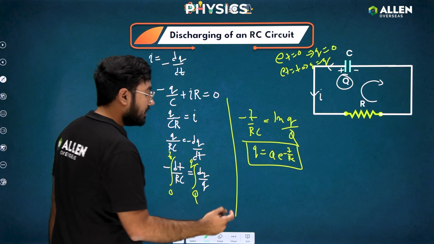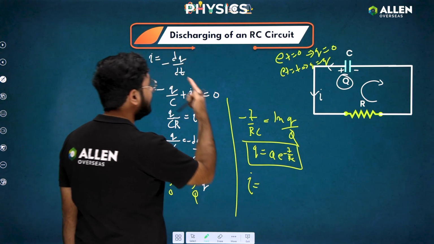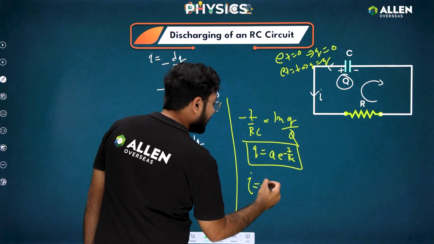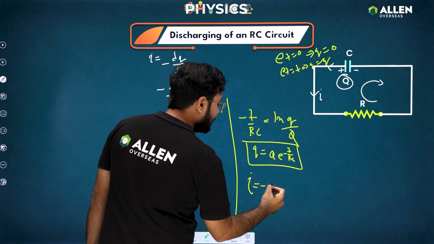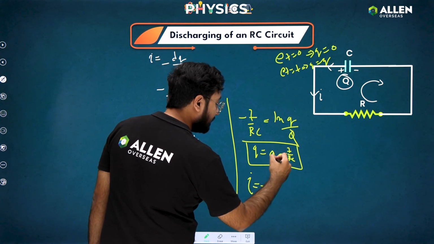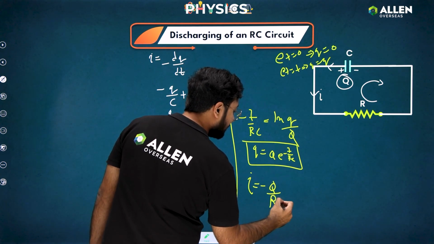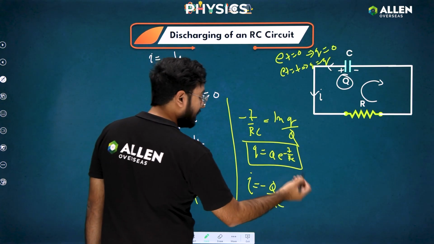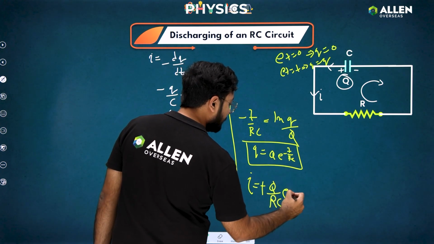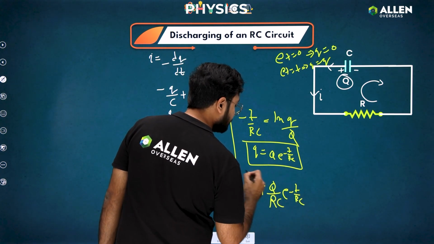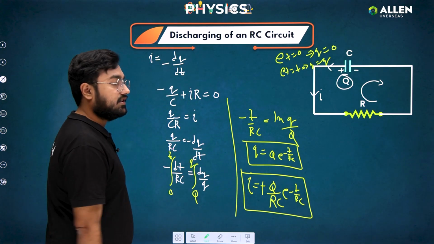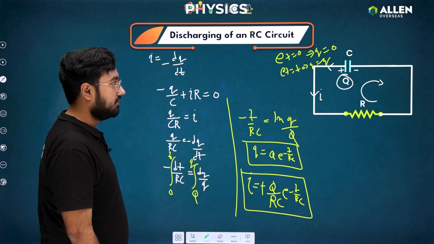Yeah. What about current? Minus dq by dt. So minus, differentiate this thing. This will be equal to minus of Q by RC, and this will be plus e to the power minus t by RC. This will be the current, right?